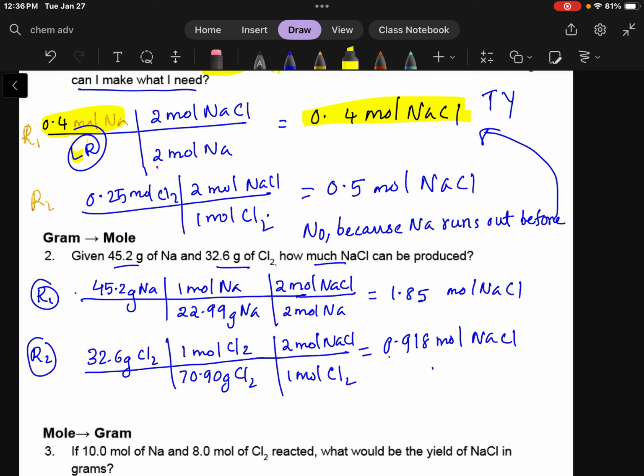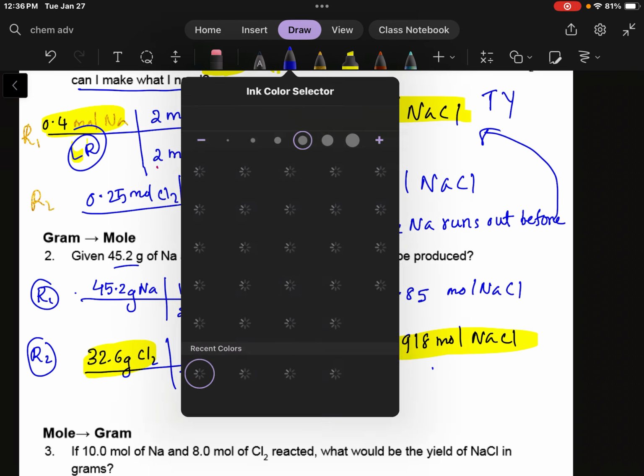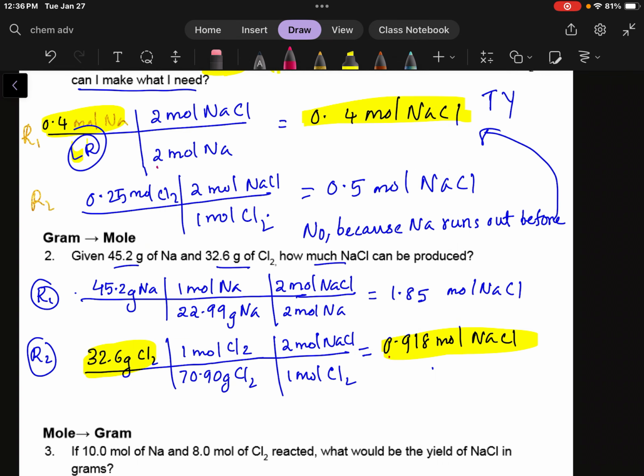Now look at the value, which is the lowest value. This is the lowest value, so that is your theoretical yield, TY. And this one is the limiting reactant.